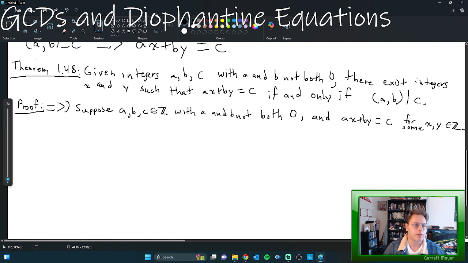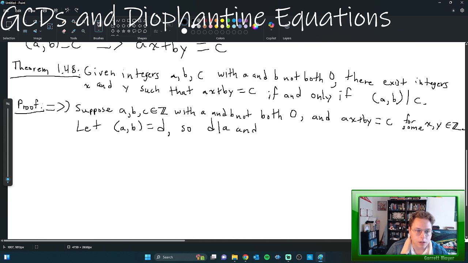Okay, so we have that. Now, let the GCD of a and b, let's just write it in a short form, equal d. We're just doing this for the sake of having something to denote it, so I don't have to write that out every single time. So d divides a and d divides b.